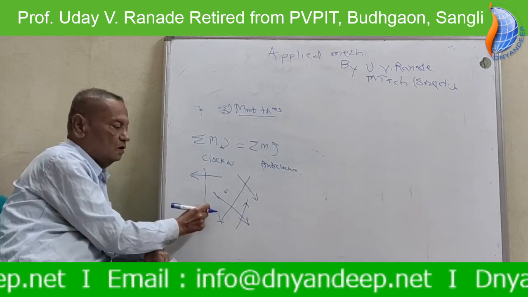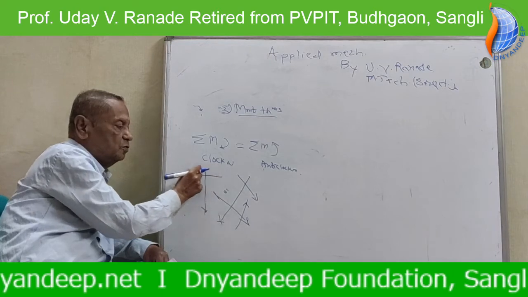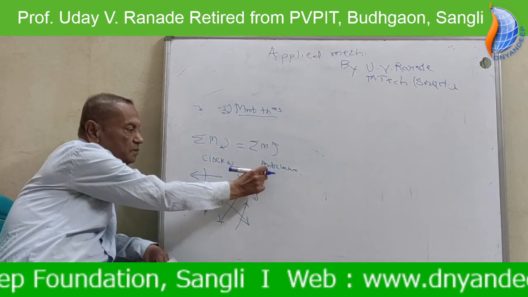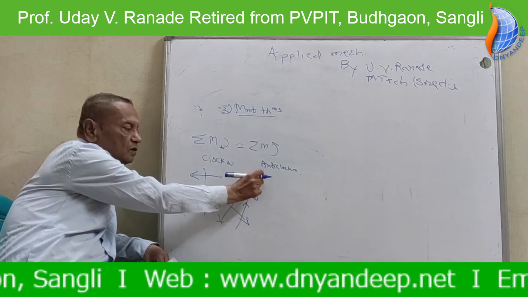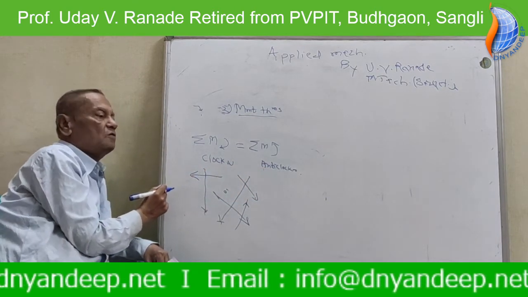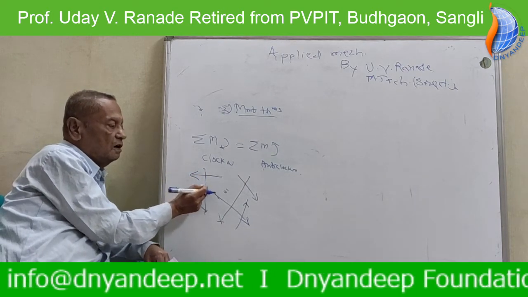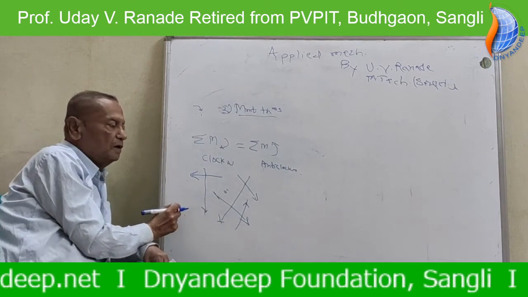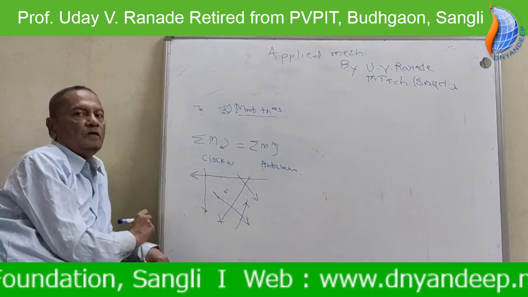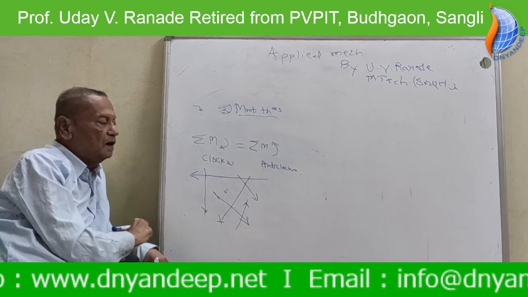This force causes moment anti-clockwise. If you don't understand, extend the line of action of the force. Sometimes the force is here and to find the moment, extend the line of action of the force so that you can easily understand what the moment is and how it is acting.